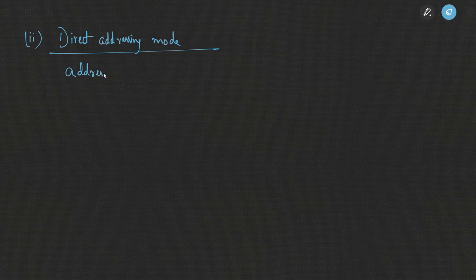Second is direct addressing mode. In this case, the operand is basically the address of the memory location. The address is directly provided with the instruction.